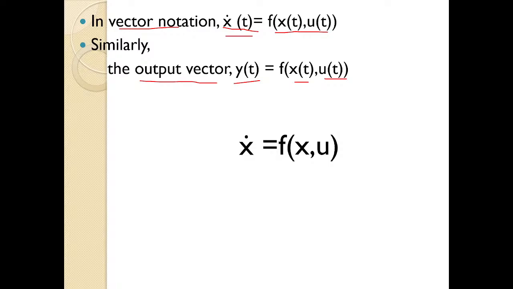It is a function of the set of all the state variables and the input variables.